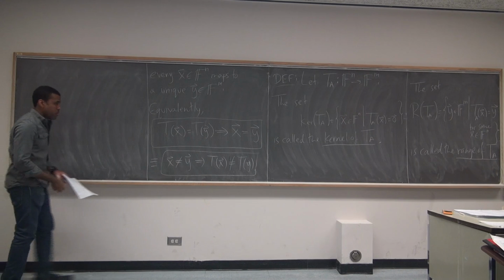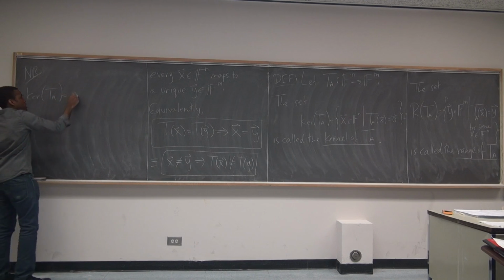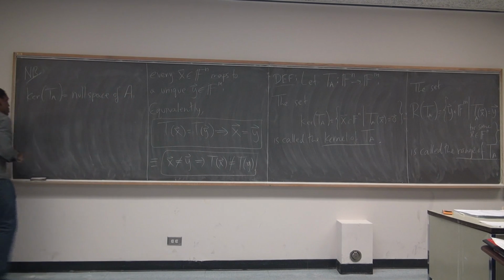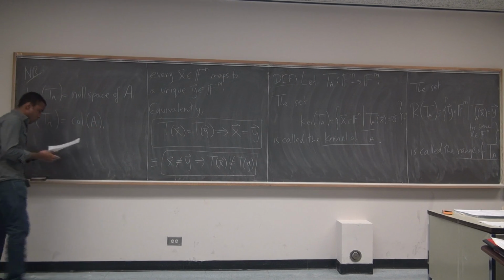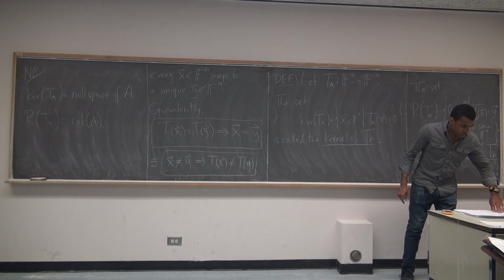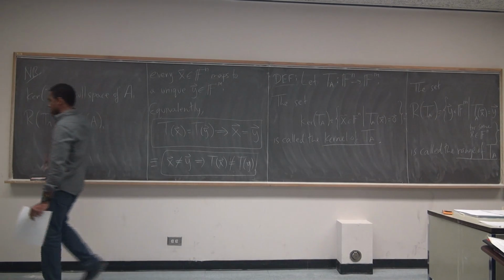To put things in the language of 4, 7 and 8, you can note the following. Kernel of T_A is just the null space of A. And the range of T_A is actually just the column space of A. So it's the space that's spanned by the columns of A, that's where the input vectors go.